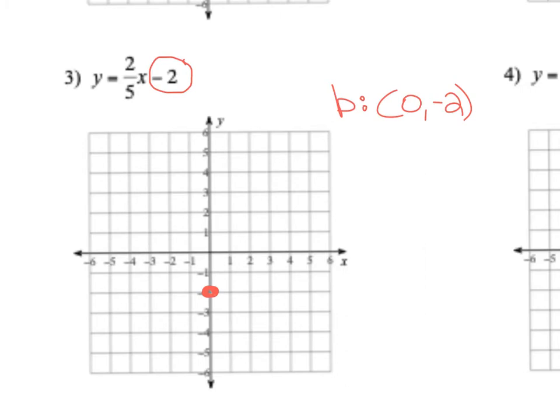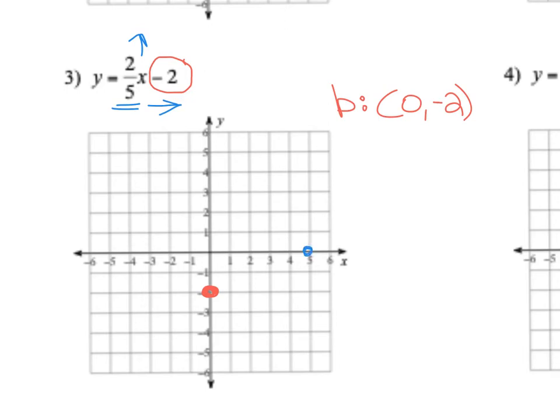Once I've established my first point, now I look at my slope to figure out how I move. Now my slope is positive and it's positive 2/5, so I'm going to go up 2 and to the right 5. So go ahead and count that out. Up 2 and to the right 5.